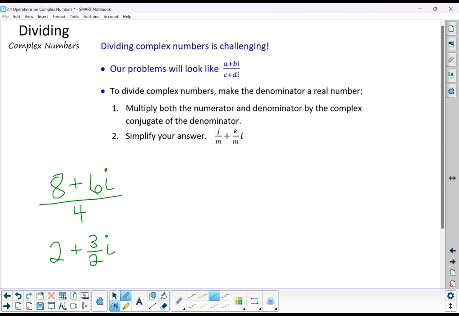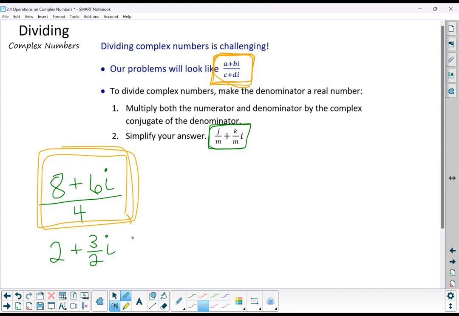We are going to often have fractions in our division answers. So our goal, when we have a problem like a plus bi divided by c plus di, is to turn it into something that looks like this, and then we can just divide by that real number to get our answer.